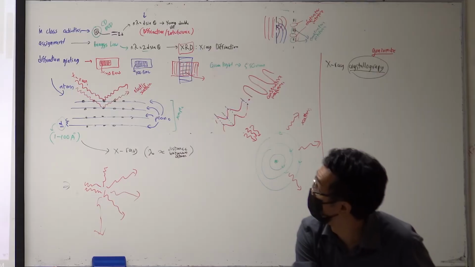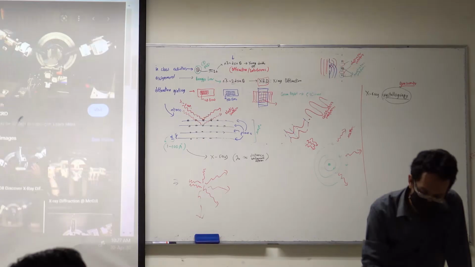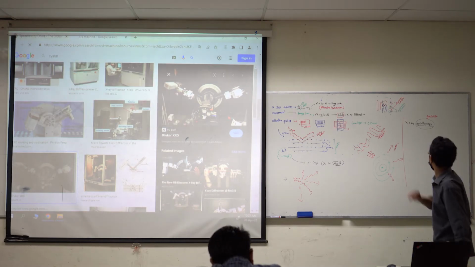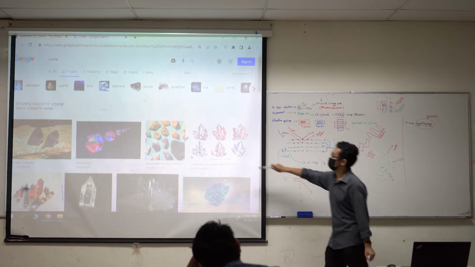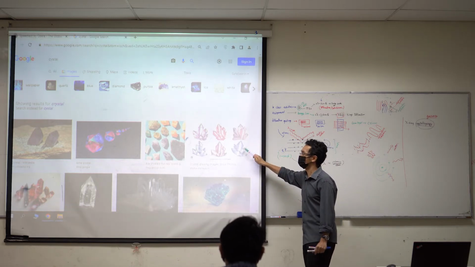Something that is sharp, right? Normally when we talk about crystal, we imagine in our mind something like this. But in the first place, why do people call this crystal?